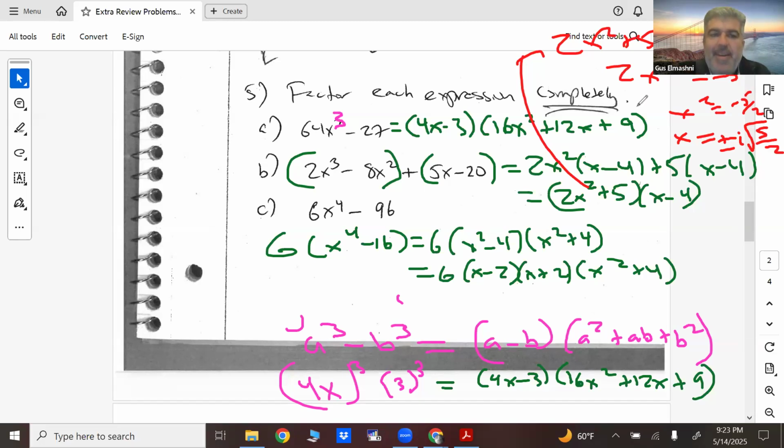But I'm not going to ask that. And you would do x minus i root 5 over 2, and then x plus i root 5 over 2. But again, that's just really weird. I don't really like that. So don't worry about it.